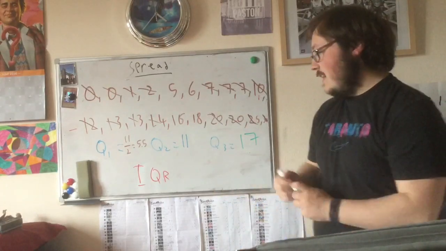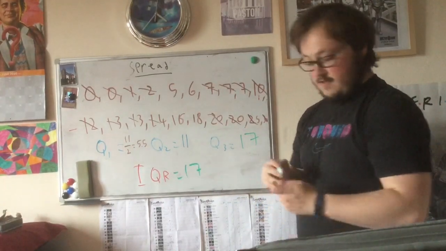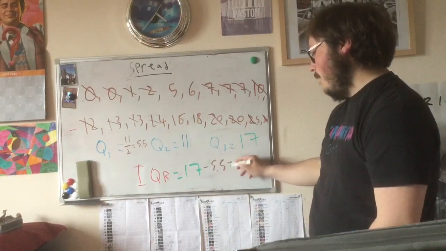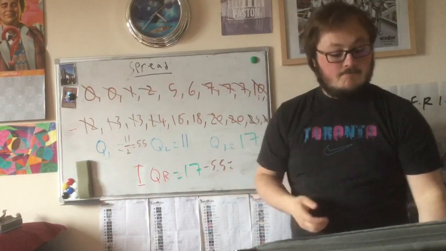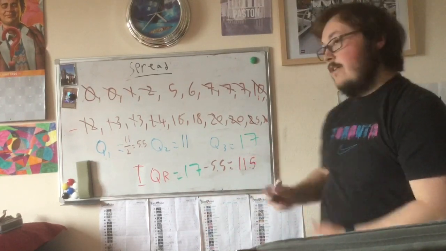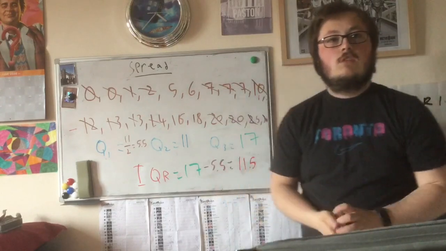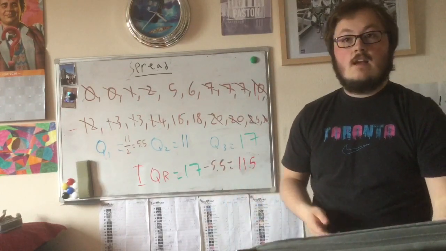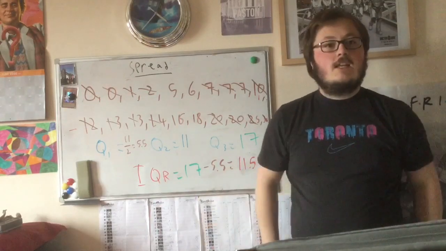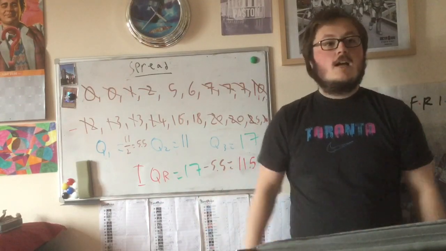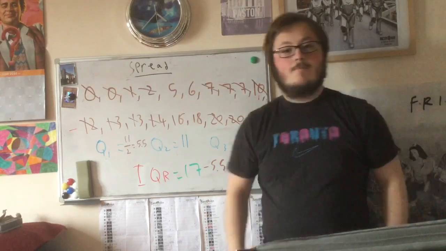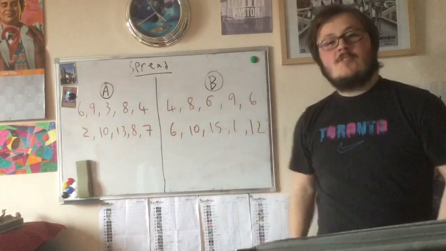We do 17 subtract 5.5, and that gets us, anyone? 11.5, or 23 over 2. All exactly the same. And that's how you find the interquartile range. Find the median first, then find the median of the top half and the median of the bottom half, and subtract them. Sorted.